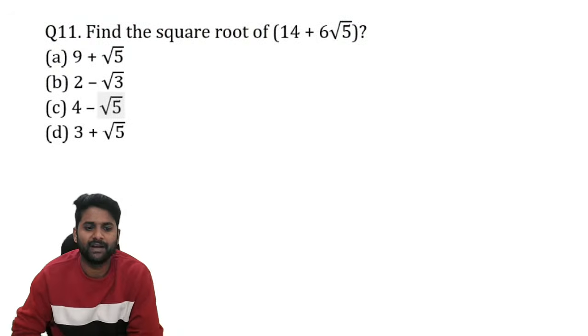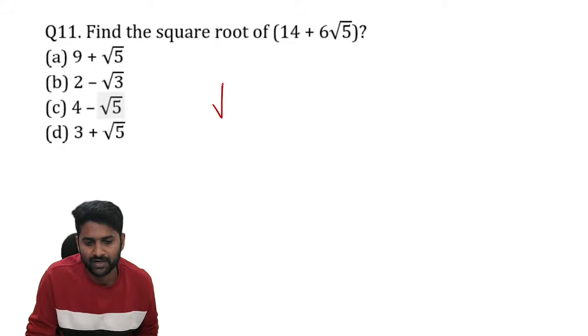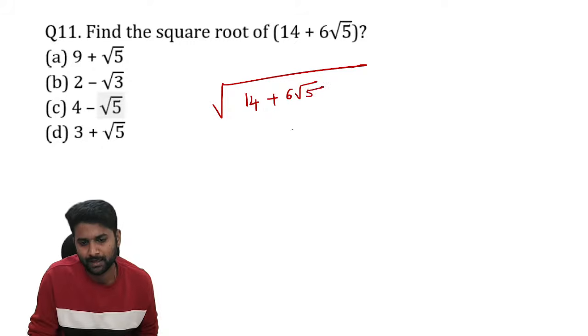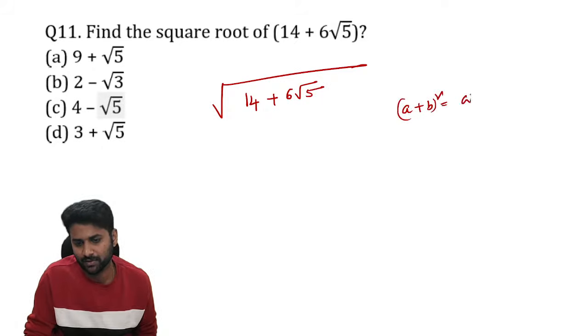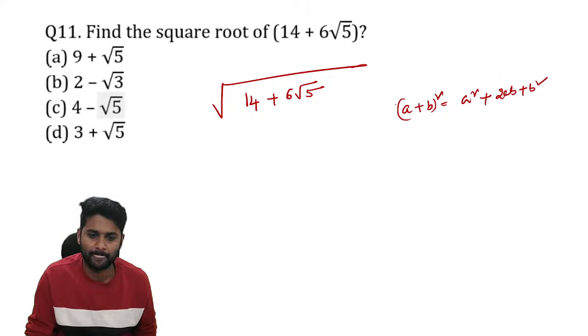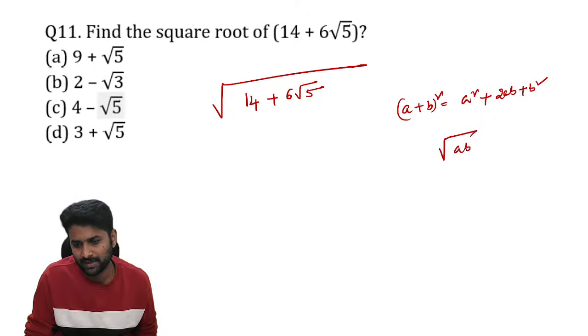Next. Find the square root of 14 plus 6 root 5. So you must be good at this formula: a plus b whole square is equal to a square plus 2ab plus b square. As you know, root over ab is equal to root over a into root over b.